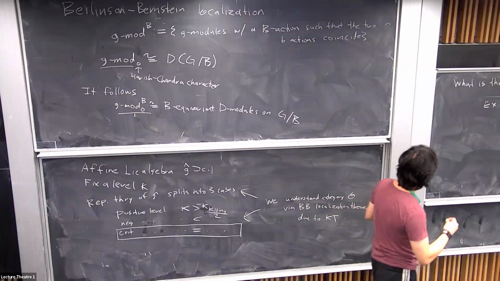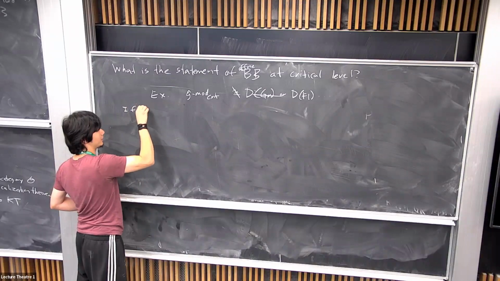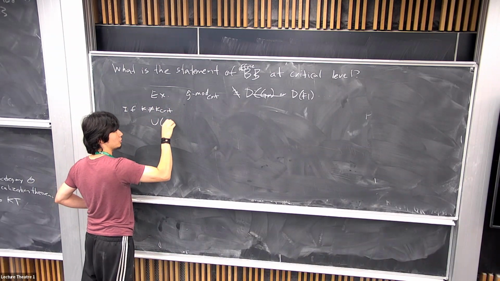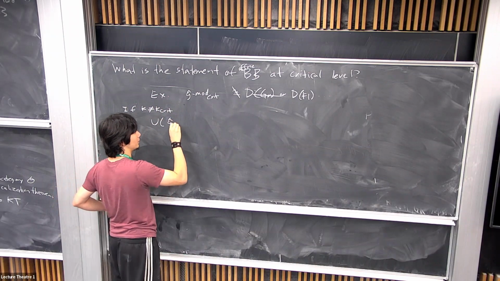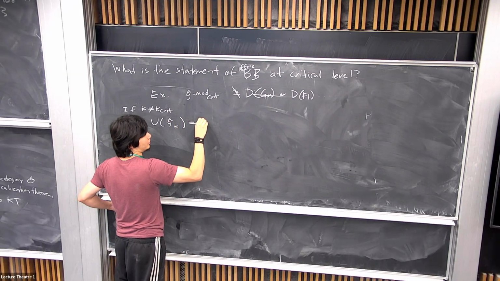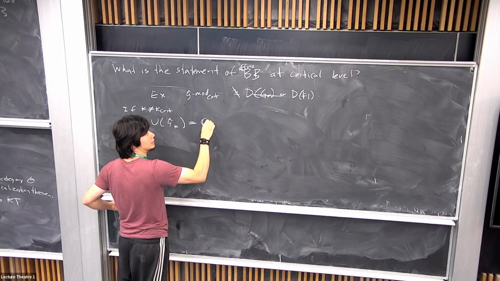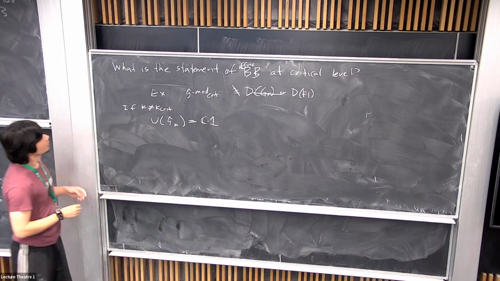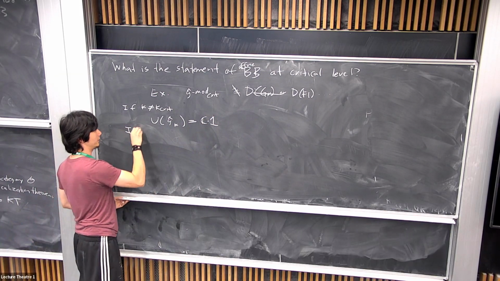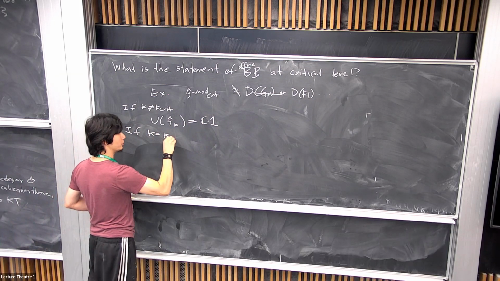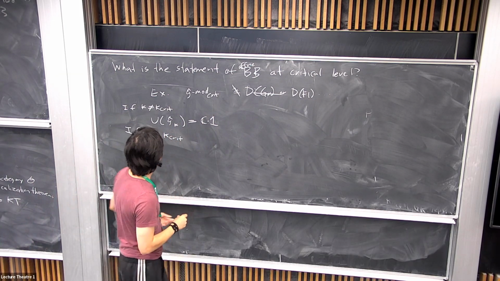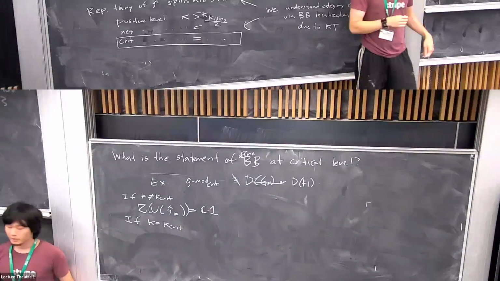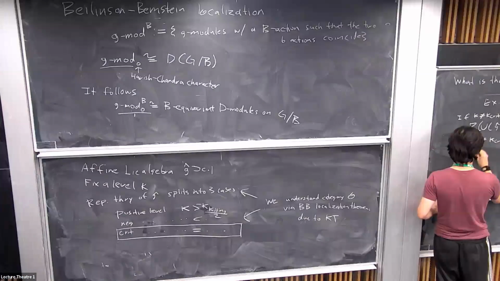So a fact is if kappa is not the critical level, the center of the universal enveloping algebra is trivial. It's just the identity. On the other hand, if kappa is the critical level, the center is actually very big.